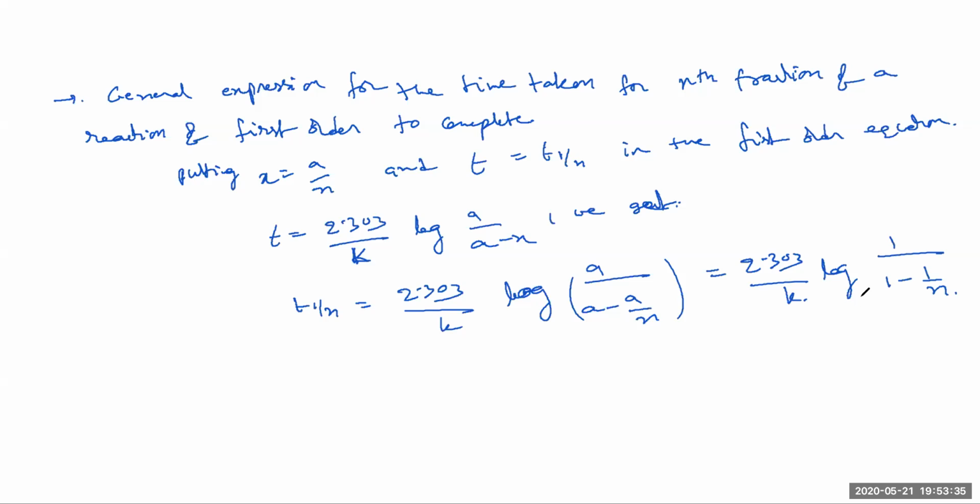That is the formula. Or you can take the final equation: t 1 by n is equal to 2.303 by k into log of n by n minus 1. Take this formula.